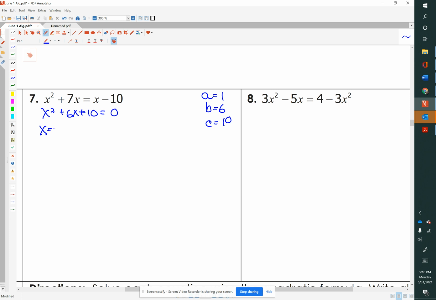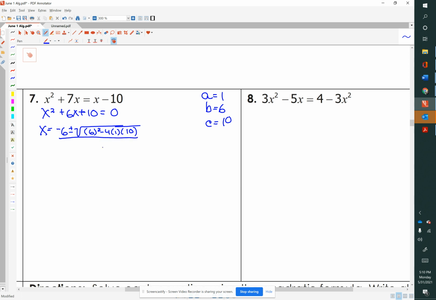X equals -6 plus or minus the square root of, and that would be 6 squared minus 4 times 1 times positive 10, that shouldn't be a negative, times positive 10.